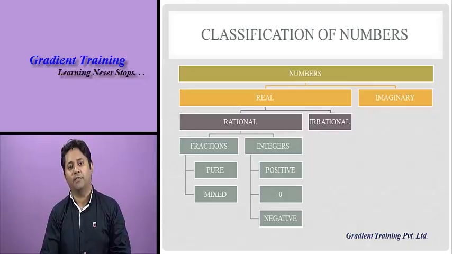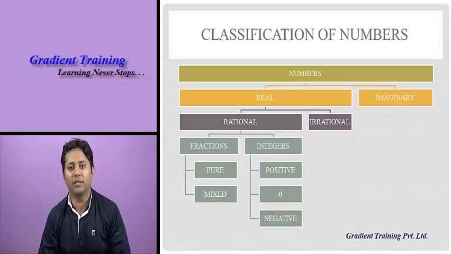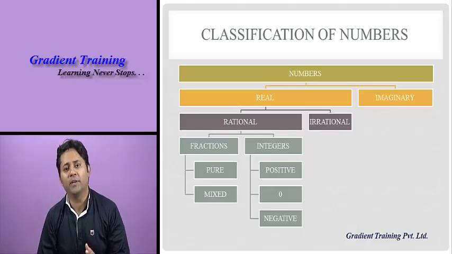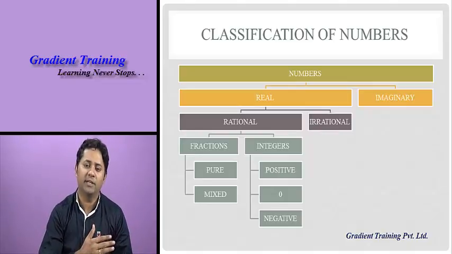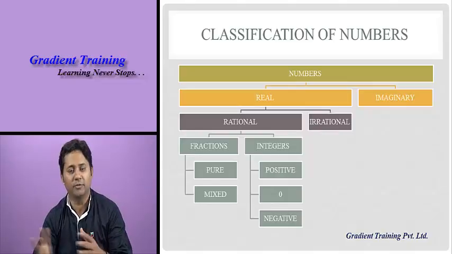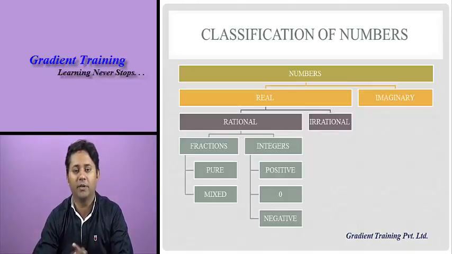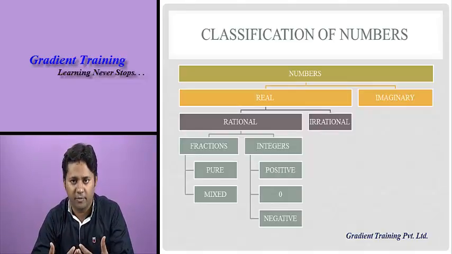Integers can be further classified into three types: negative, positive, and the neutral integer 0. Negative integers are on the left hand side of the number line, from -1 to -infinity, and positive integers are on the right hand side of 0, that is +1 to +infinity. Now if we talk about further classification, we can go on.